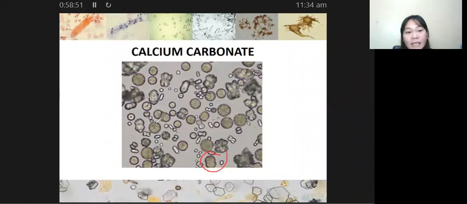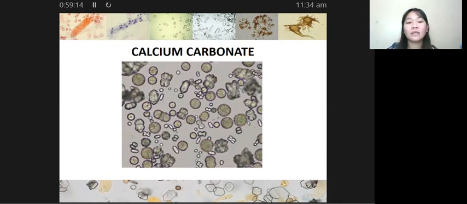As you can see, medyo granular yung kanyang appearance as compared to the other crystals that we have. So again, do not forget, this is the only crystal that produces effervescence upon the addition of your acetic acid, and of course, it is associated with inorganic calculi formation.